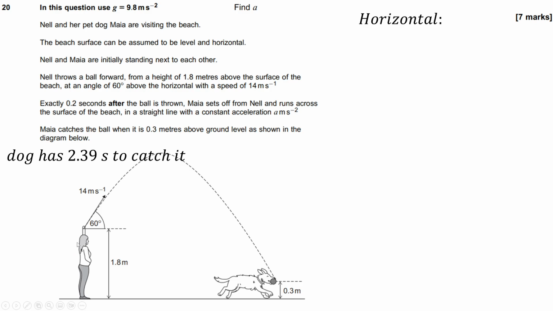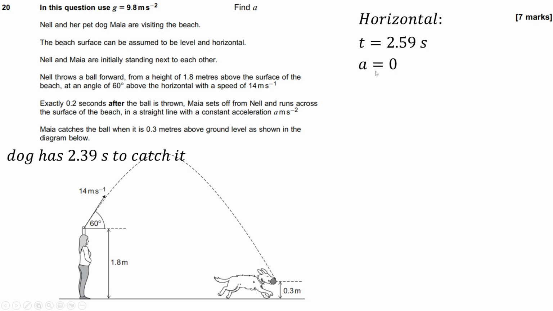To find how much the dog has to travel horizontally, we need to find how much the ball has traveled horizontally. Now, t is the only thing you can copy across from vertical to horizontal when doing suvat. So t is 2.59 seconds. Careful, it's not 2.39 because we're looking at the motion of the ball right now, not the motion of the dog.